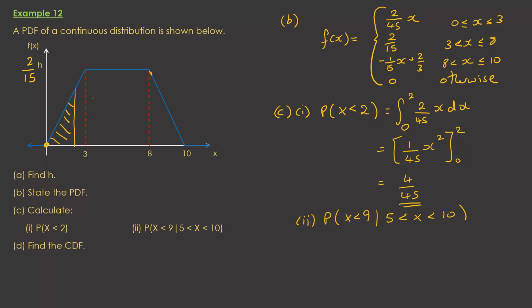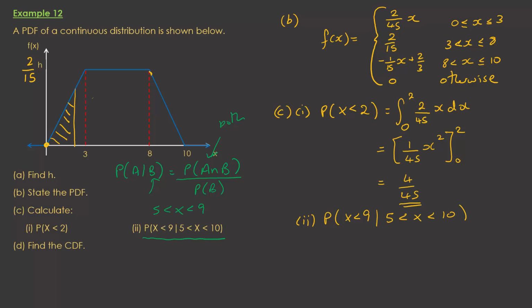Now remember, with conditional probability of A given B is the probability of A and B, which is both conditions, divided by the probability of B, which is just the second condition here. Now, if it says less than 9 and between 5 and 10, both conditions is going to be that x is between 5 and 9.